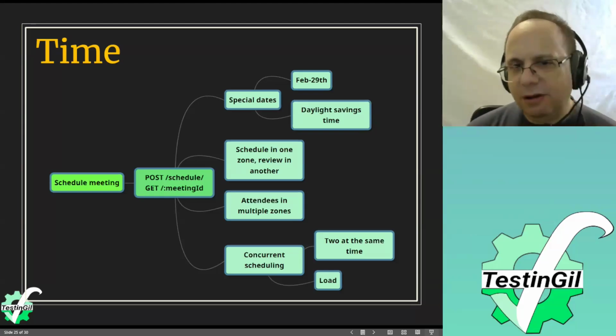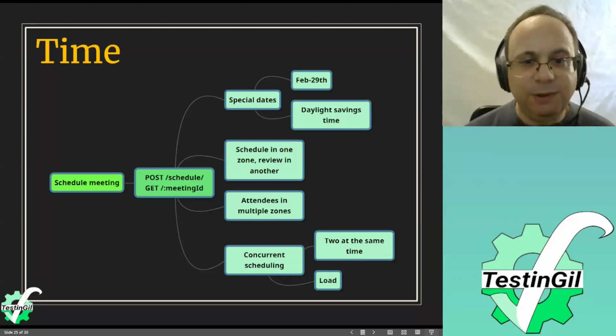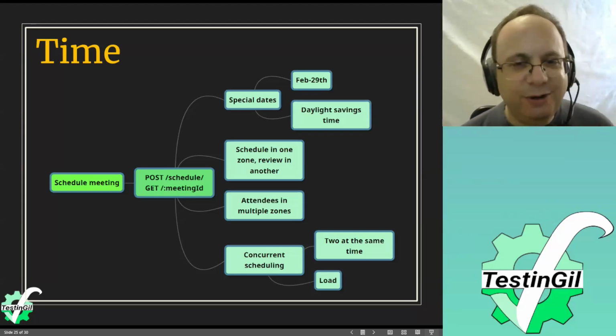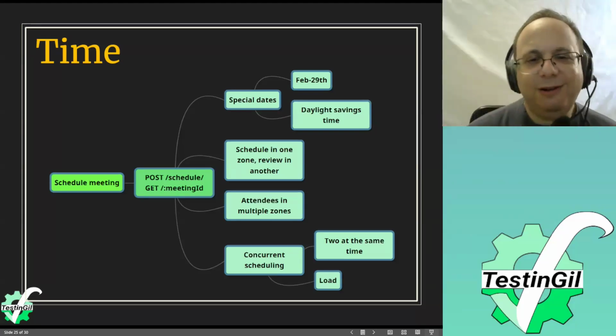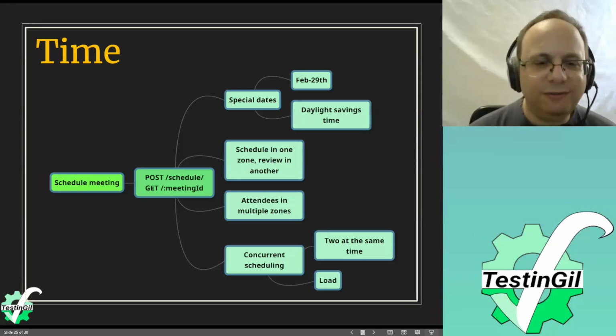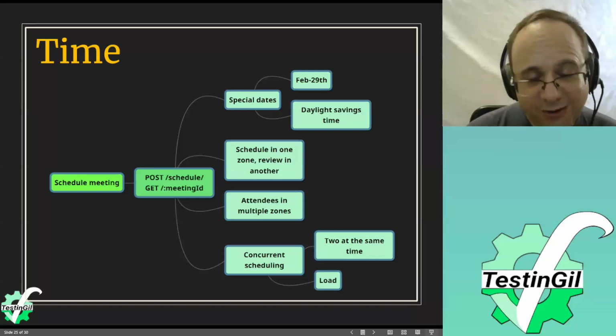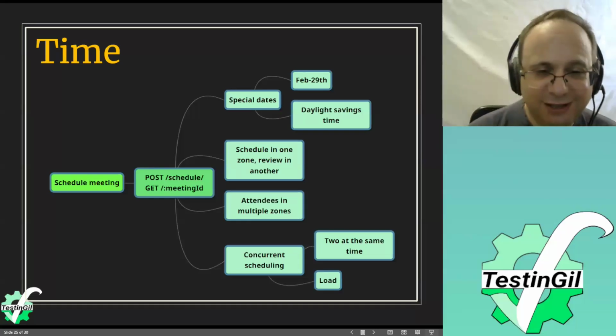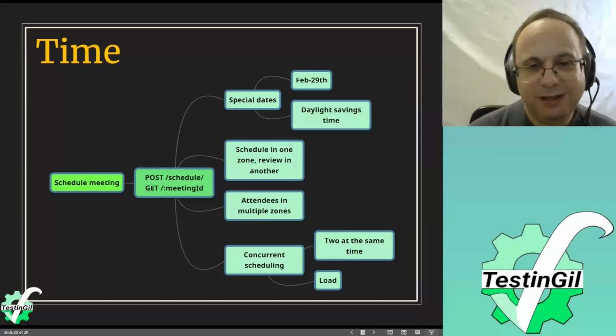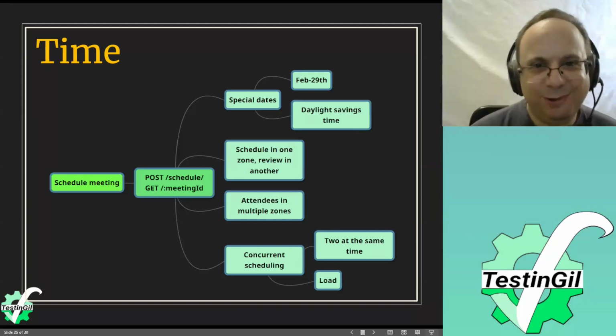What do we have here? All things that are related not just to the application, but to the outside world, the special dates. These are the canonical things. What happens on February 29th, or when you're switching daylight saving time on and off? Especially when you're switching out of daylight saving time, you can basically schedule two meetings to the same time, or twice.